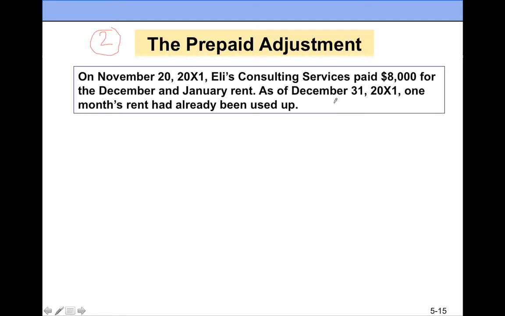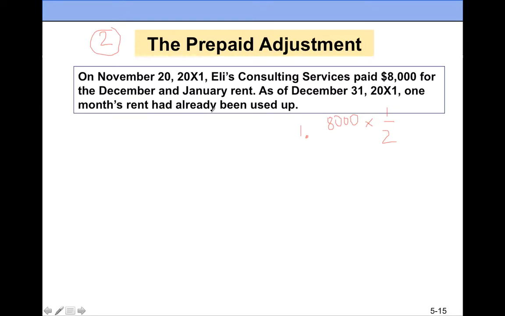So November 20th, LIs paid $8,000 for December and January rent. As of December 31st, 1 month's rent has already been used up. So do the math first. I prepaid $8,000 in November, and when I paid cash, I debited prepaid rent, which is an asset. And now I have used up 1 out of 2 months, right? I prepaid for 2 months, December, January.